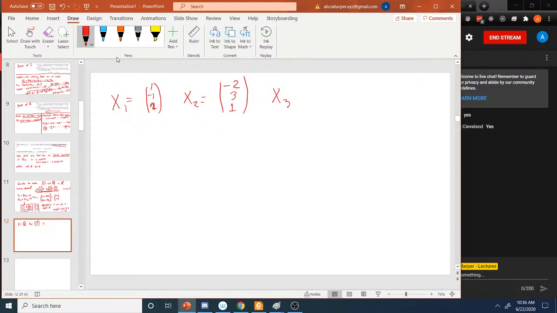And then x3 here will be equal to the vector negative 1, 3, 8. And these are all in R3. All three vectors are in R3. And the question we have is, are they linearly independent?